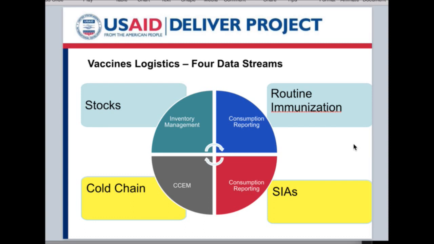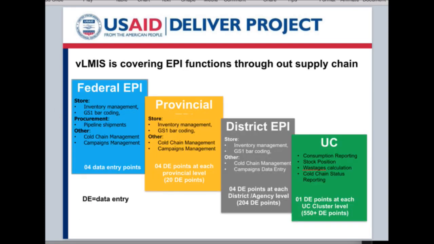The next is the CCM, which is basically cold chain equipment management. It has the major features of the CCM2 software by PATH, and consumption reporting on the basis of special immunization activities is also included in vLMIS. At different levels, different modules are involved.